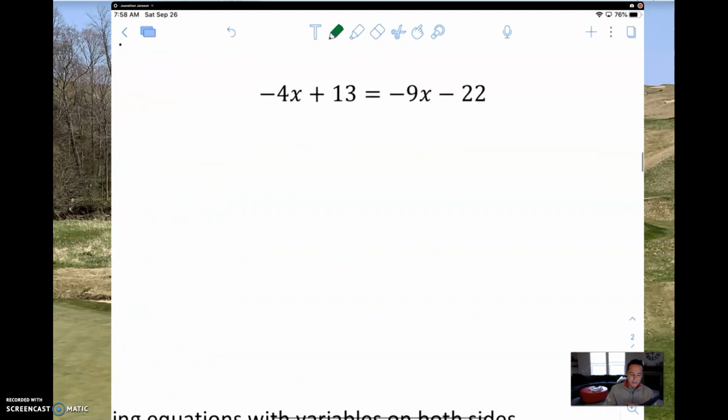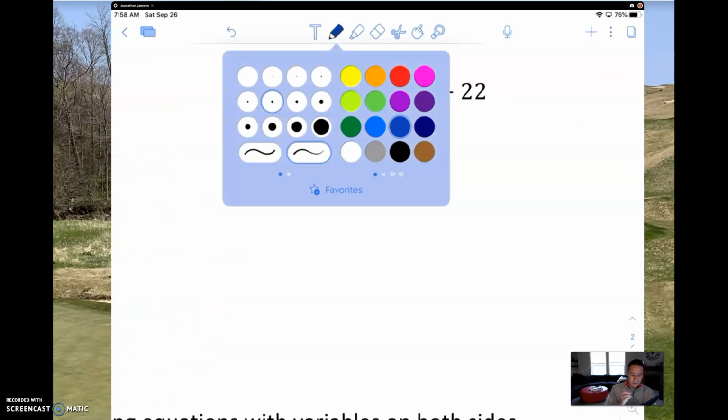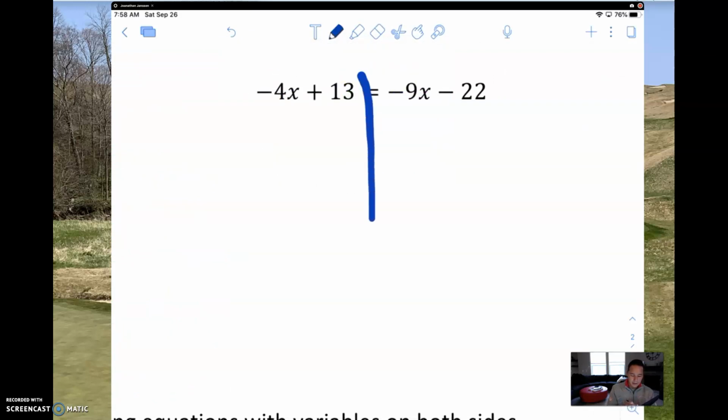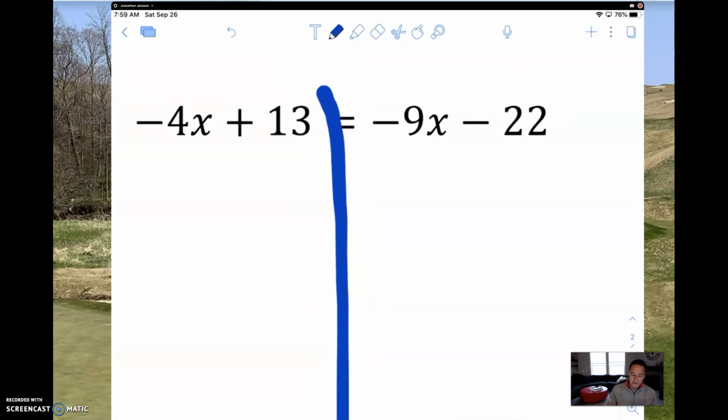Two more examples together. Draw your line down the equal sign. Now we're looking at negative 4x and negative 9x. And which one is smaller? Negative 9 is smaller, so that's the one that we want to get rid of. So to get rid of a minus 9x, we just do the opposite.